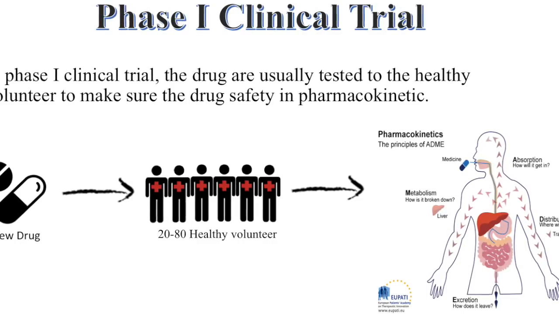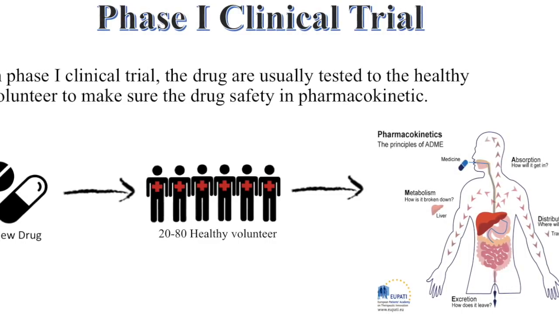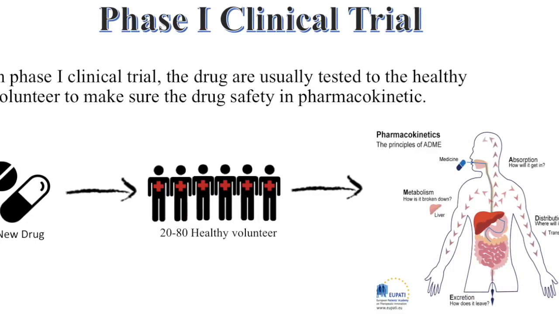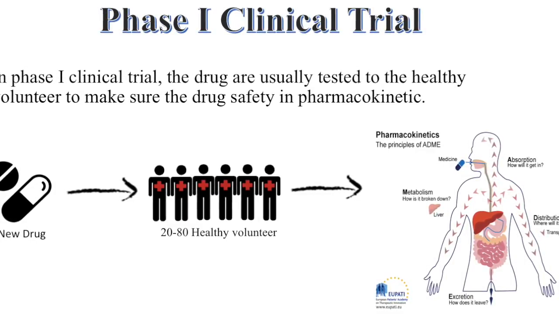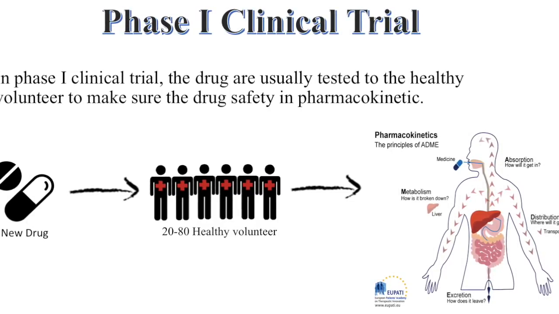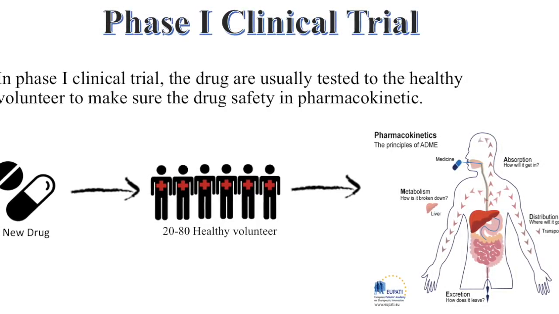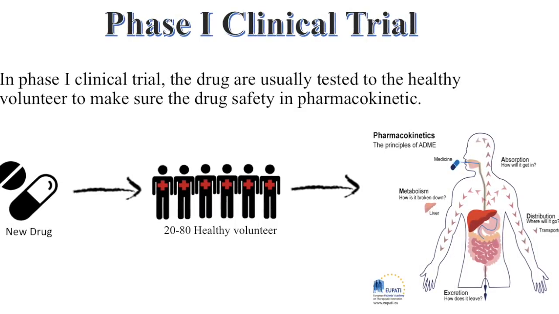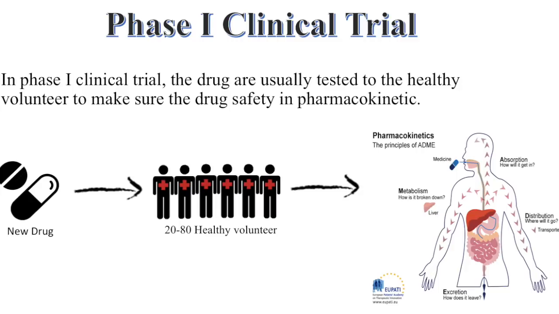In phase 2, the drug is given to a group of about 100 to 250 patients with the disease to evaluate its efficacy and to determine the optimal dose. In addition to that, the safety of the drug and its side effects are evaluated, as this may be different in patients compared to the healthy volunteers tested in phase 1.